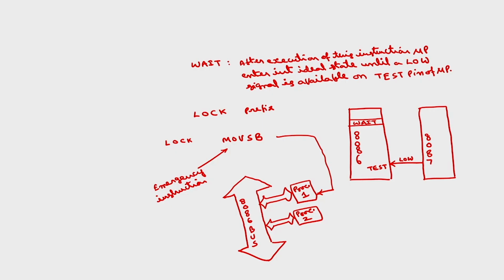These are the various system control or processor control operations. We have a few more instructions, which is CBW, convert byte to word. To convert the byte into word, we will use CBW.